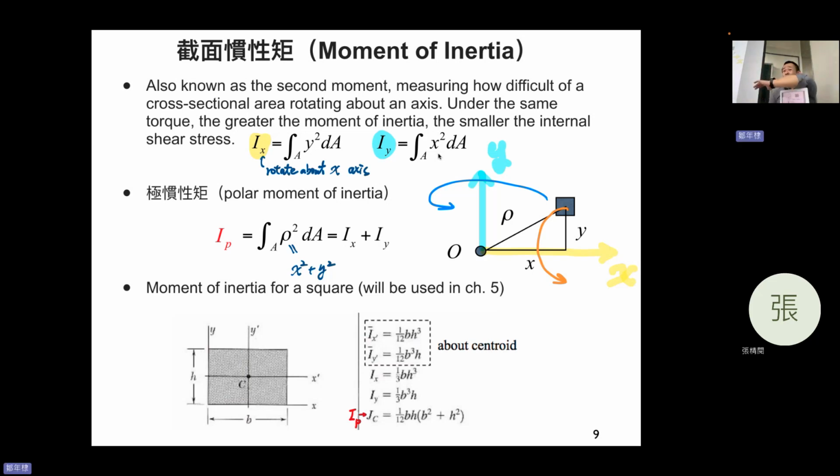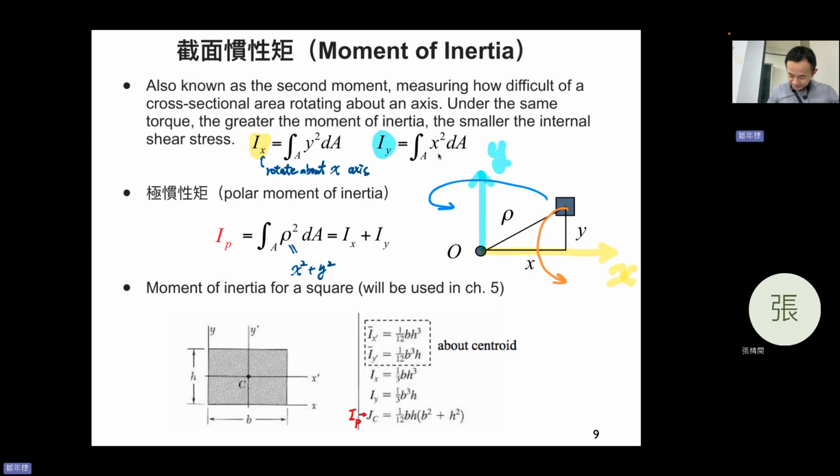Now I'm going to rotate about X1 along the center. I want to rotate about this. See that? Is that easy? Yeah, so that's the reason why 1/12. I believe you understand now.